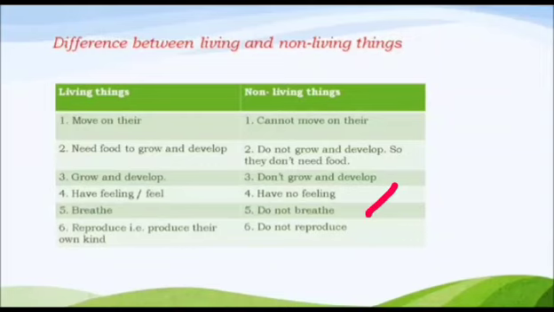Living things have feelings, non-living things have no feelings. The fifth one is that living things breathe and non-living things do not breathe. The last one is that living things reproduce, that is, produce their own kind, and non-living things do not.